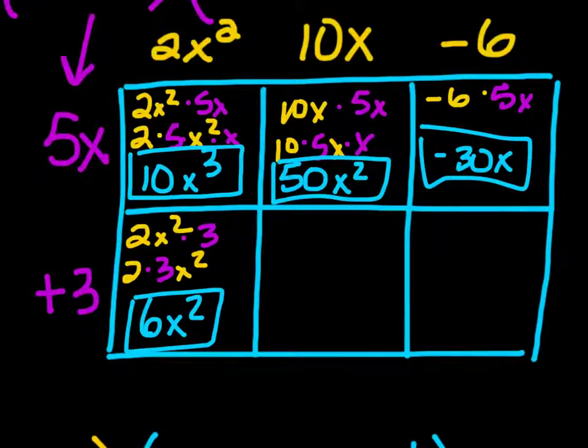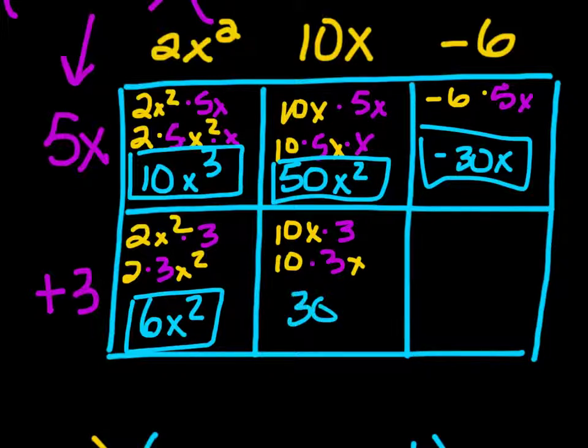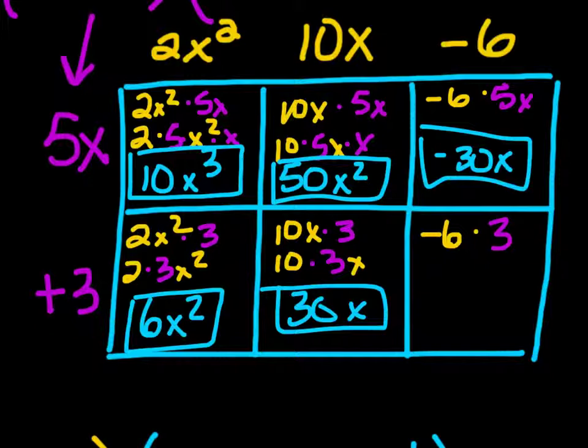Next one, we have 10x times 3, or 10 times 3 times x. 10 times 3 is 30x. And our very last box, we have -6 times +3, or -18.